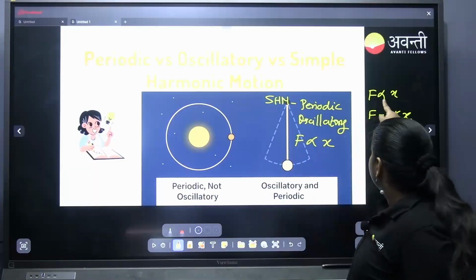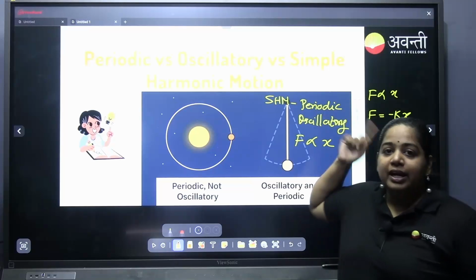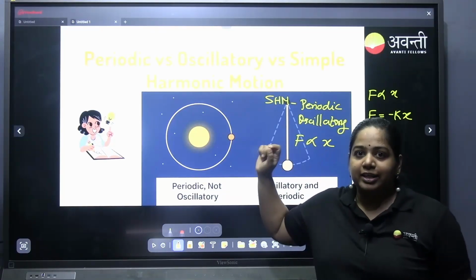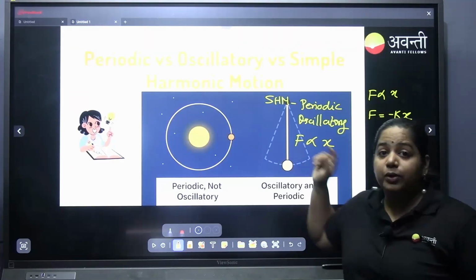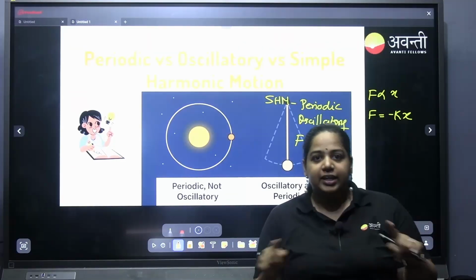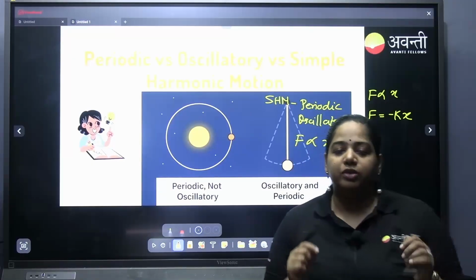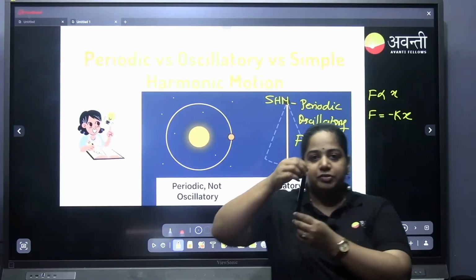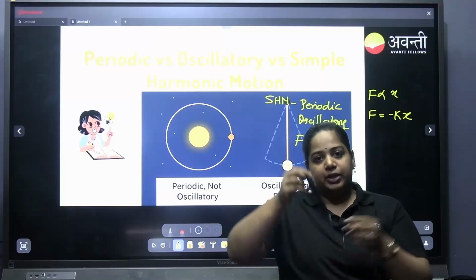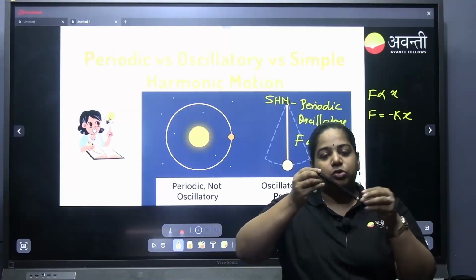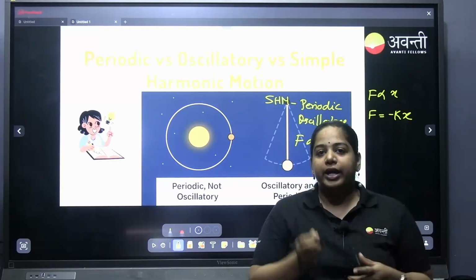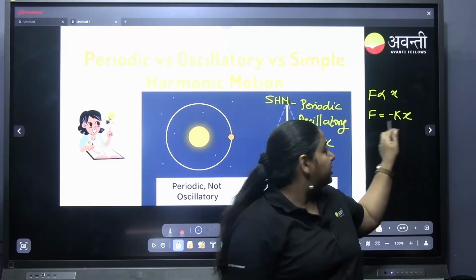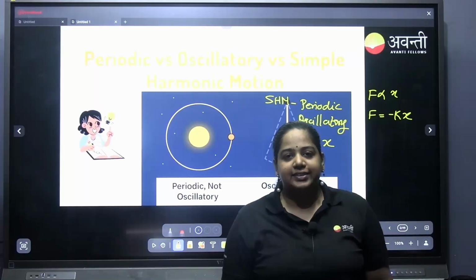When F is proportional to displacement, it is the external force, and when F is equal to minus kx, the negative sign comes because of restoring force. Why? Because as you know, if a pendulum is oscillating, restoring force is acting towards the center, opposite to the direction of motion. That is the significance of the negative sign.